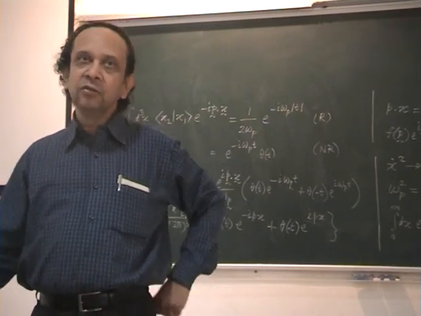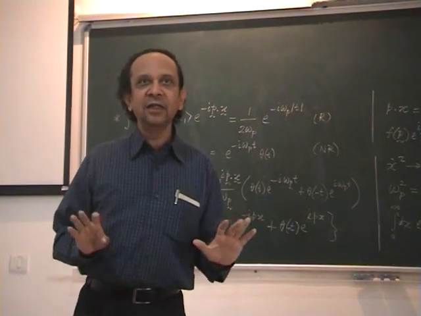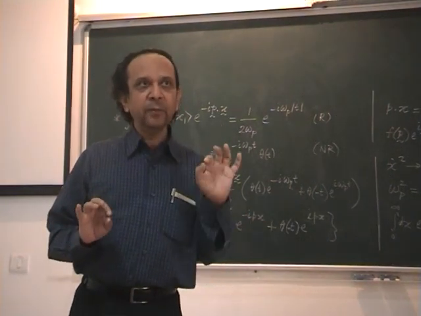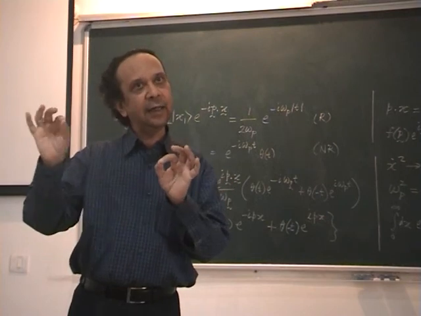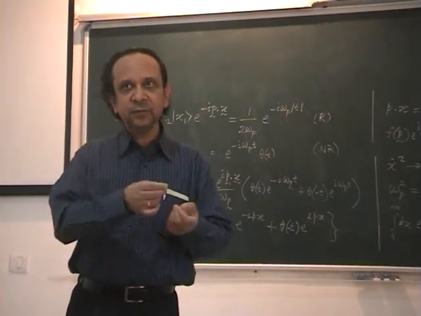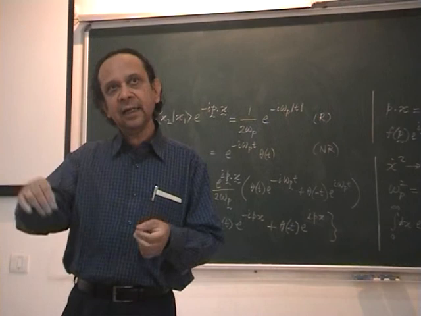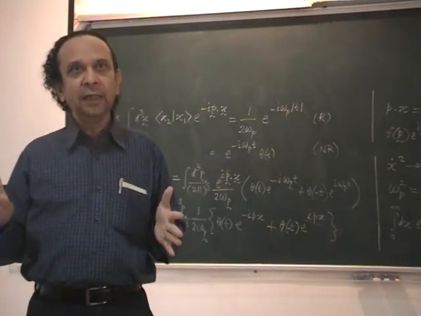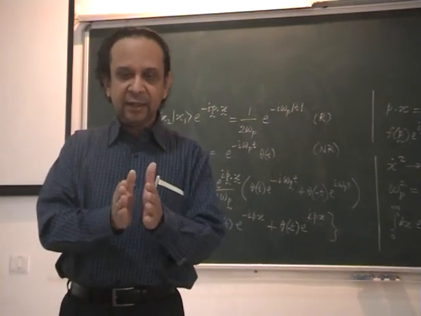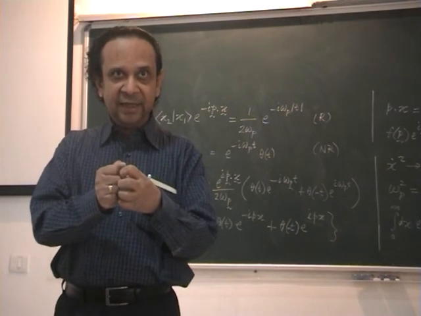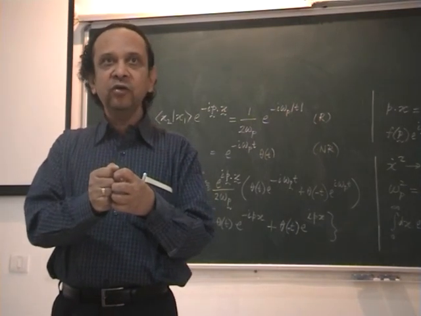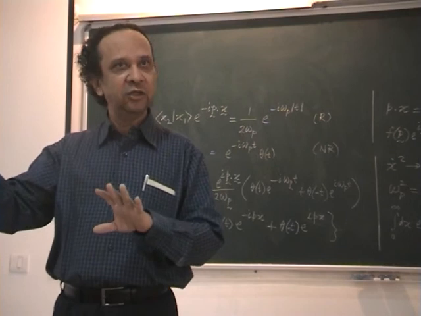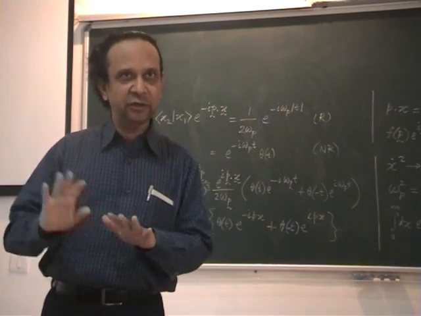Ultimately, after you do whatever you want with quantum field theory and everything, the Feynman propagator will not vanish outside the light cone. You take any standard textbook, there is an expression for the Feynman propagator that will not vanish outside the light cone. That means if I create a particle in some place, the amplitude for you to find that particle outside the light cone is non-zero. It's very tiny, but it is non-zero.